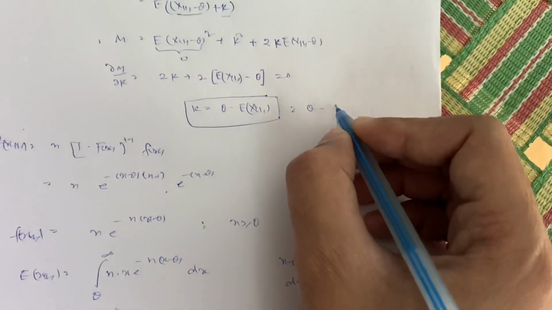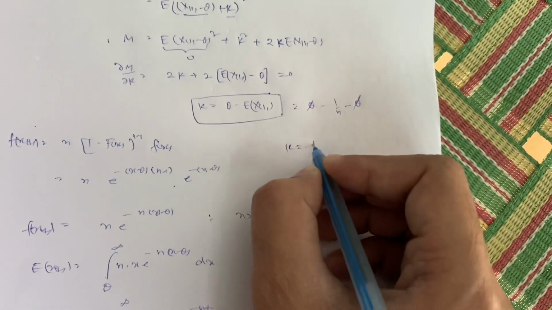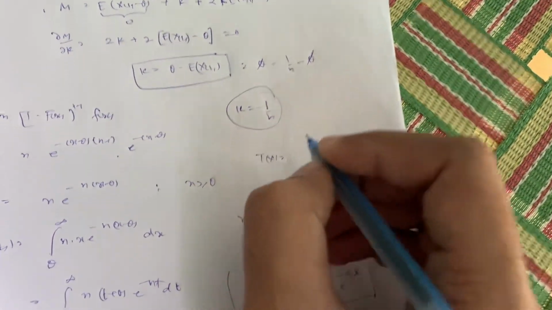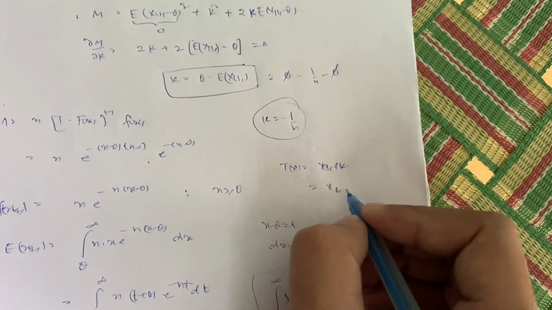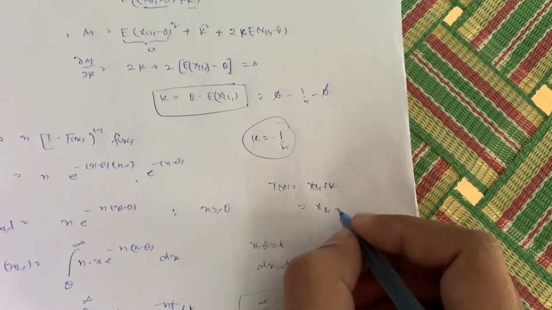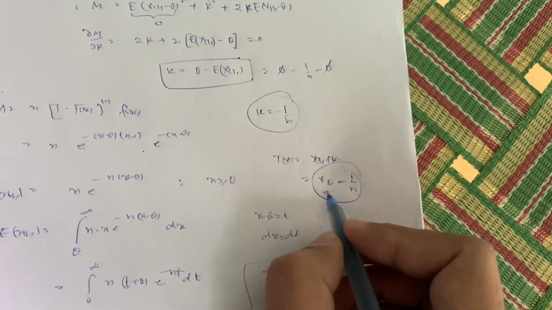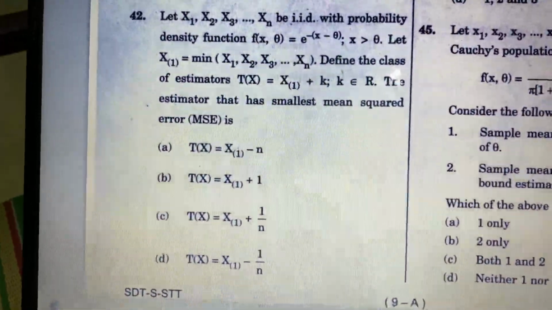The value of k will be theta minus (1 by n plus theta), so k is minus 1 by n. Our class of estimators defined in the question is X(1) plus k, and the value of k for which MSE is minimum is minus 1 by n. So for the estimator X(1) minus 1 by n, MSE will be minimum. So option D will be correct.